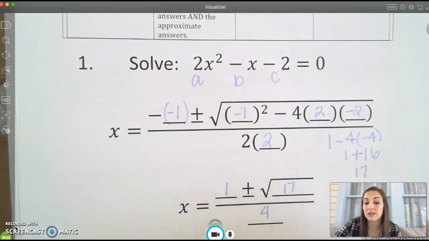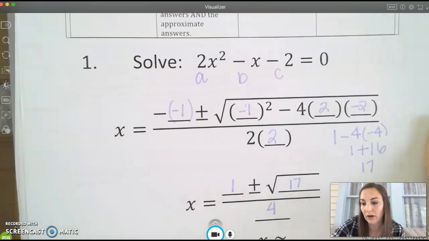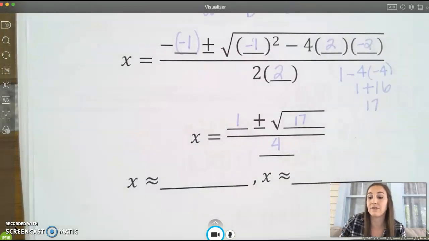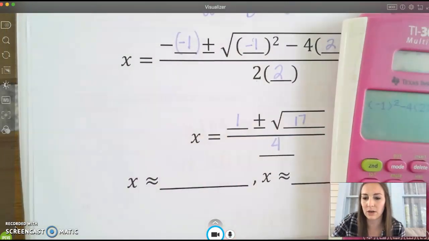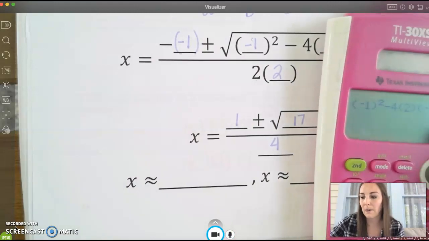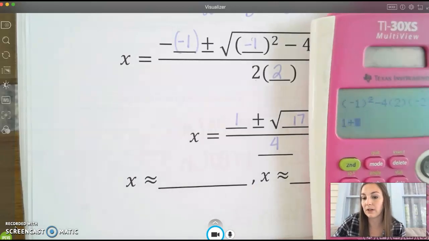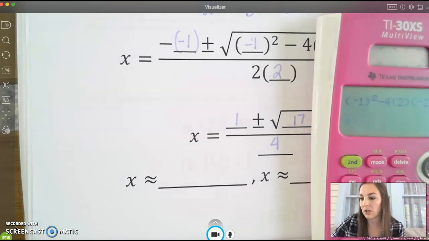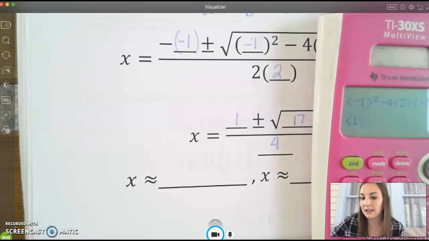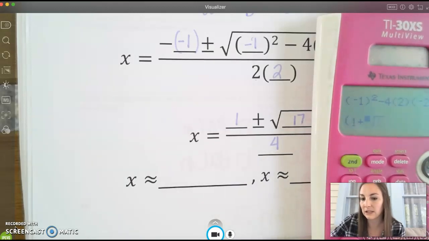Remember, this is two answers. I have 1 plus the square root of 17 divided by 4, and 1 minus the square root of 17 divided by 4. So we need to actually find what these answers are. So I am in my calculator, need to find our two approximate answers. So I'll do the plus one first. Let's do parentheses actually. So 1 plus the square root of 17.